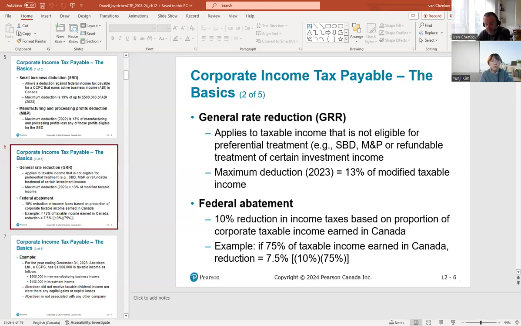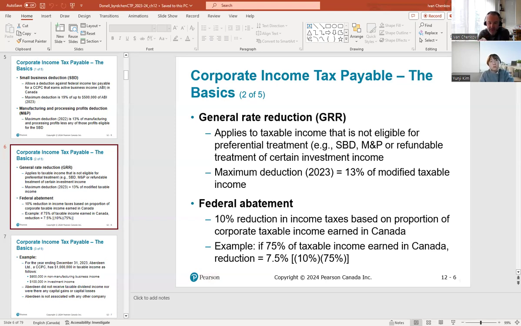If I'm a non-manufacturing company, I can use the general rate reduction and still get 13%. Make sense? The general rate reduction is not available for the manufacturing and processing company. So in both scenarios, you're getting a 13% reduction.